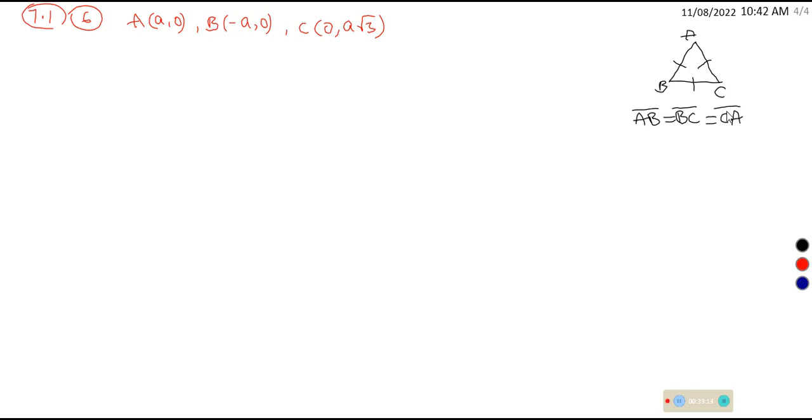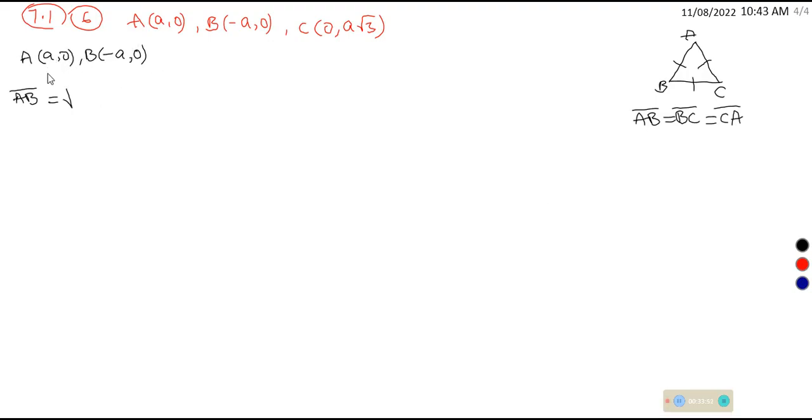Now we will check whether all 3 sides are equal or not. Here he did not give numbers, but A and A root 3 in terms of A. We will see how it will come. First we have to see the AB distance. Distance between 2 points formula: root of x2 minus x1 whole square plus y2 minus y1 whole square.